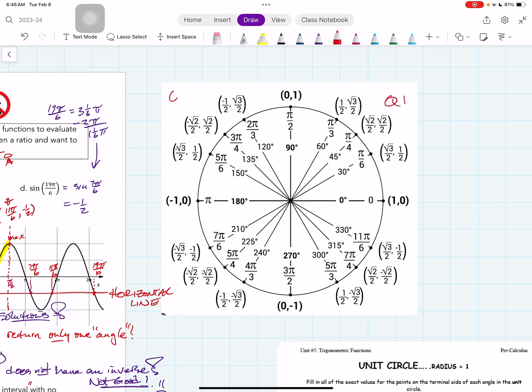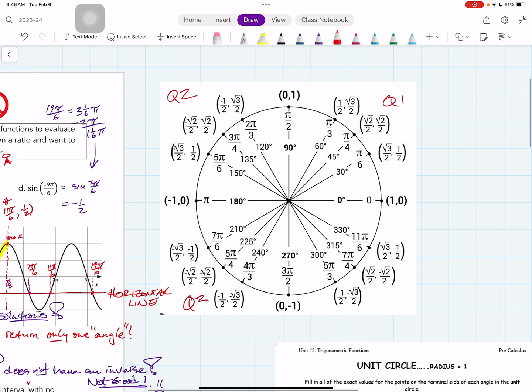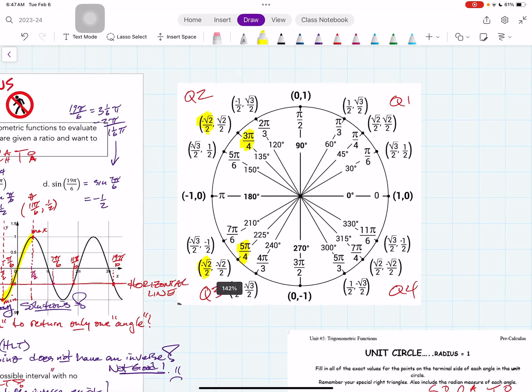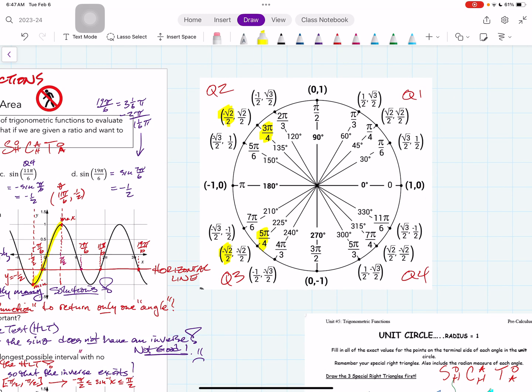So quadrant 1, quadrant 2, quadrant 3, quadrant 4. We have to look in quadrant 2, and there's only one ratio that has a value of negative root 2 over 2, and guess what? That's 3 pi fourths. It can't be 5 pi fourths because that's quadrant 3. And remember, it's restricted. You're either going to get an angle in quadrant 1 or 2, not quadrant 3.